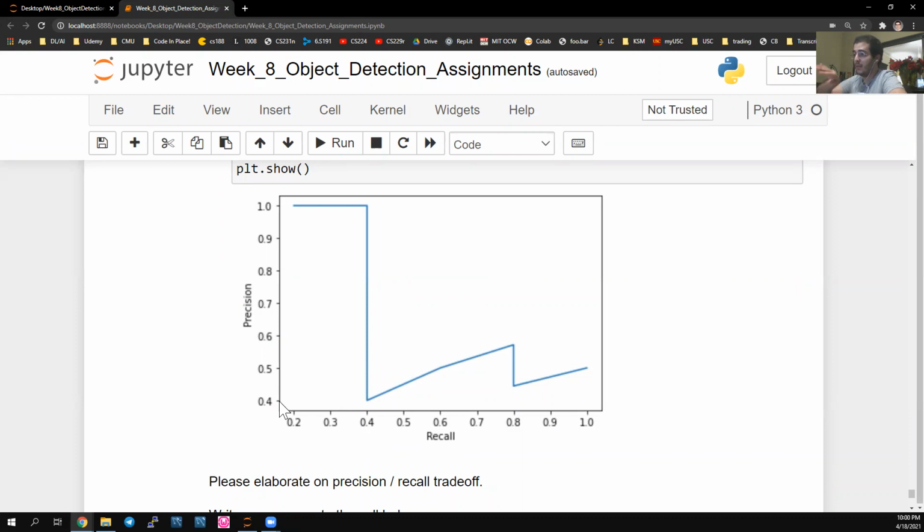The reason we see this converging slope is that we are ranking our precisions.